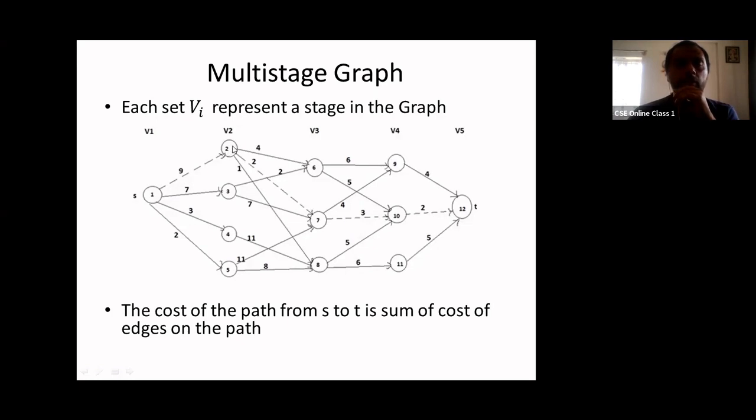For example, 1 to 2 is 9, 2 to 7 is 2, 7 to 10 is 3, and 10 to 12 is 2. If we sum all this up, we get the cost of this particular path. That is, 1, 2, 7, 10, and 12 is one of the paths. Same way, we can have other paths also.